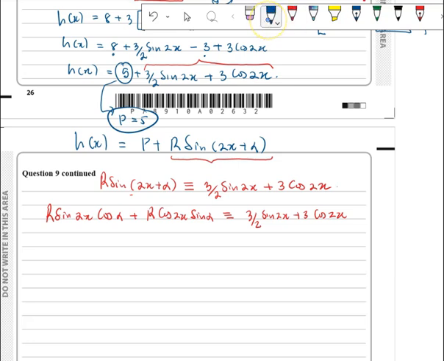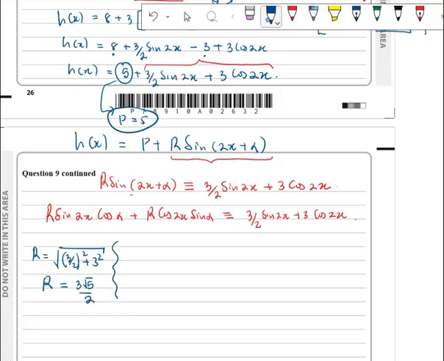What you should know already, remember this method, is that your value of r is always equal to the square root of 3 over 2 squared plus 3 squared. The r value is the simplest to find. When you square root this, you have 3 root 5 over 2.